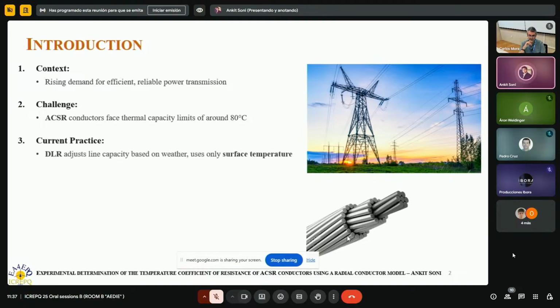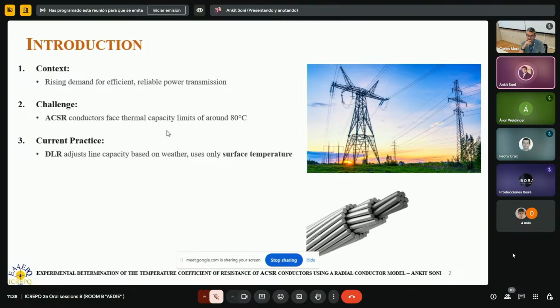For that purpose, the dynamic line rating (DLR) approach has been used, which uses the weather conditions as well, so that we can efficiently use the existing infrastructure and existing conductors, based on real-time weather conditions.